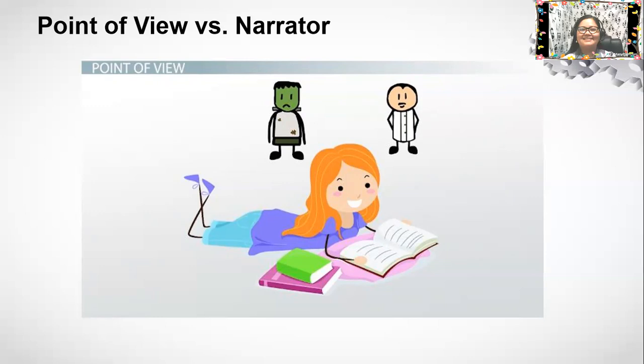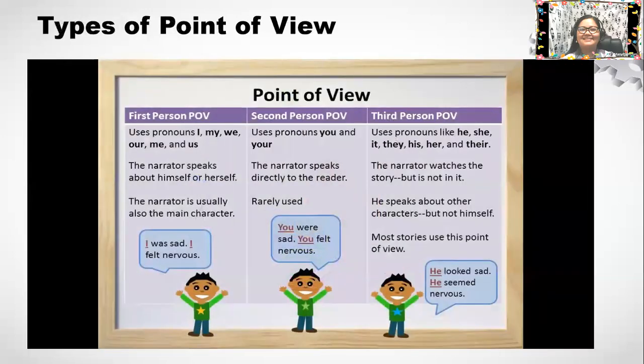But when sinabi nating point of view, kung the narrator is the participant, it means the point of view is first person. If the narrator is non-participant, the point of view is third person. So I hope you understand that point. Now let's go to the next one.